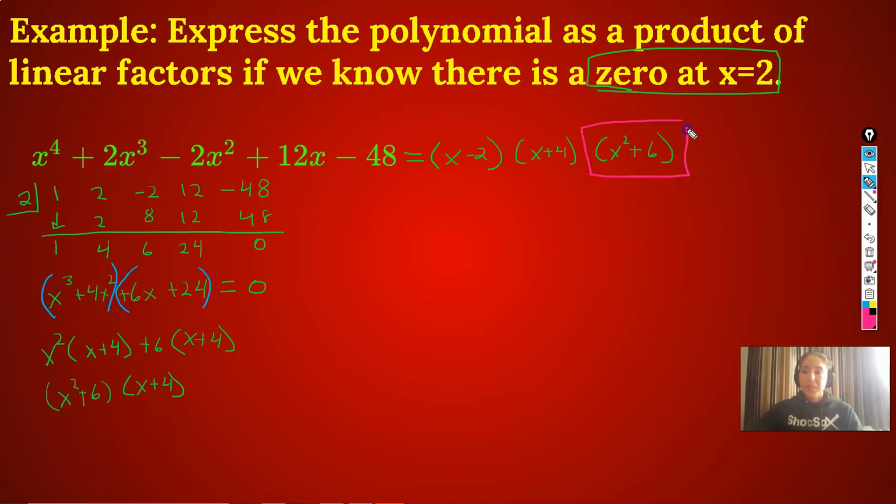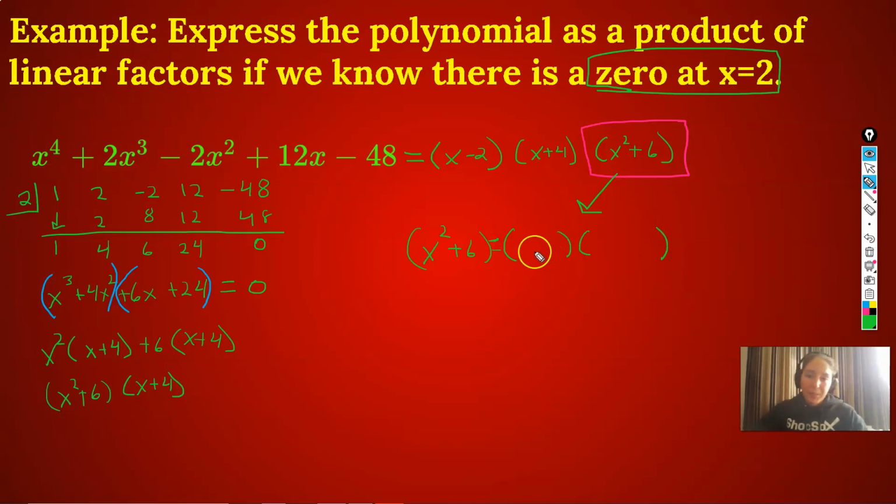Now what we need to focus on is the factor x squared plus 6, because it's not a linear factor. We need to break it into linear factors. In other words, we can't have this square here. So I'm going to pull that out and work on this. How can I make x squared plus 6 into the product of two linear factors using either real numbers or complex numbers?